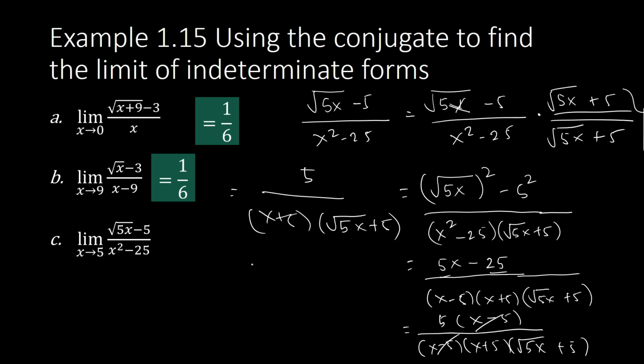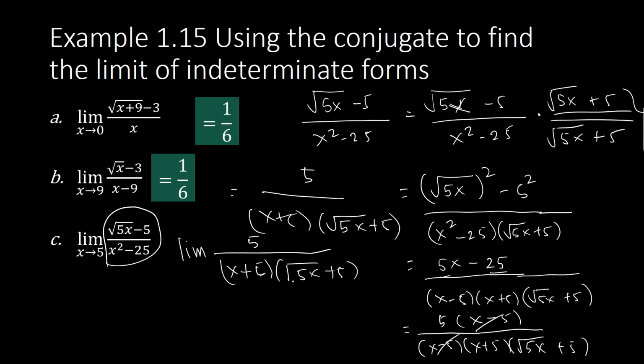So what is the limit of this function as x approaches 5? So the limit of this function, which is equivalent to our original function, is the limit of 5 divided by x plus 5 times the square root of 5x plus 5 as x approaches 5. What is this equal to?